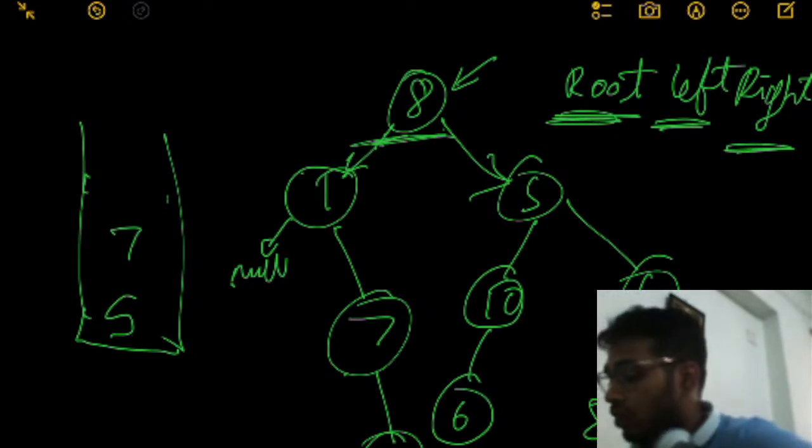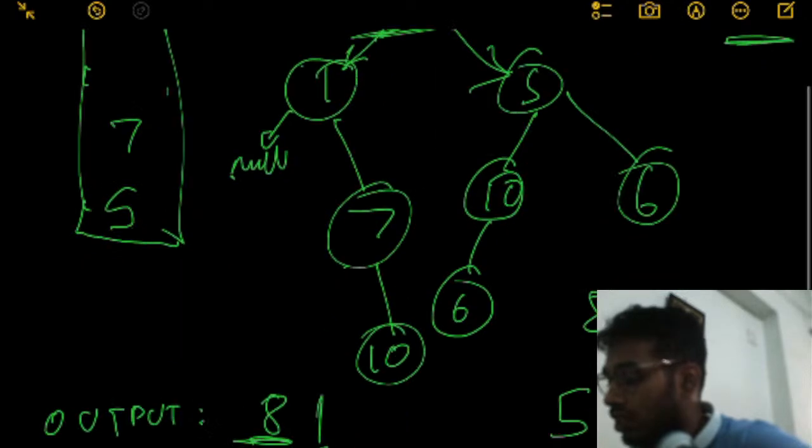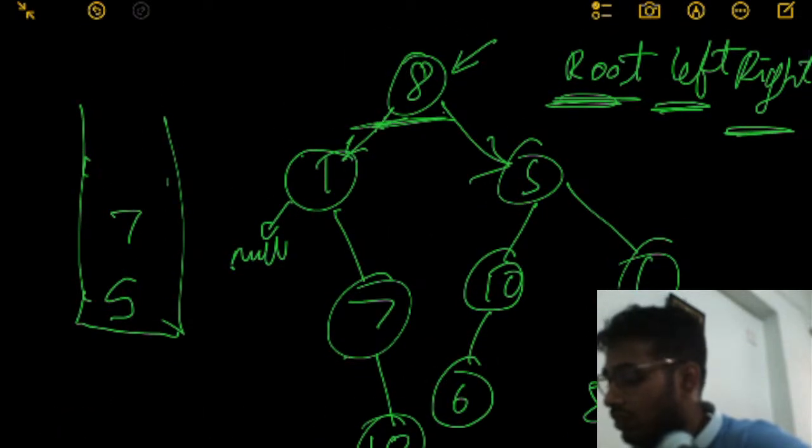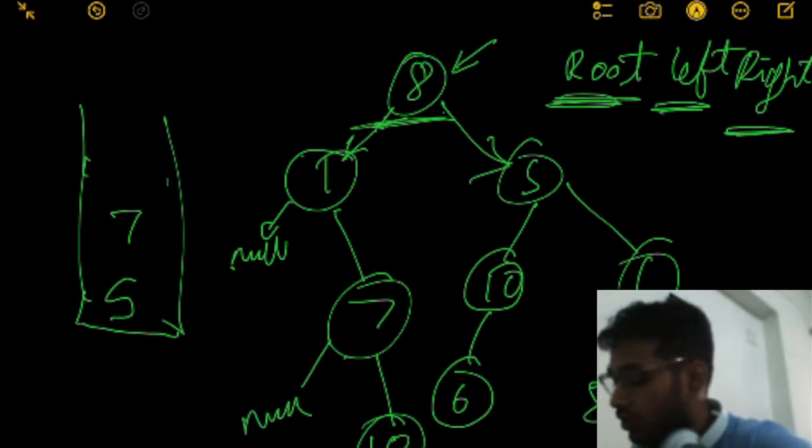Now we pop 7 and we look at the neighbors of 7, which are null and 10. So we first pop 7, we add it to the answer queue, and we push in the neighbors of 7.